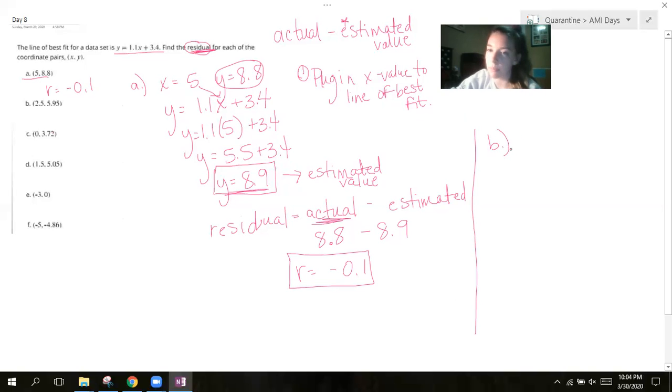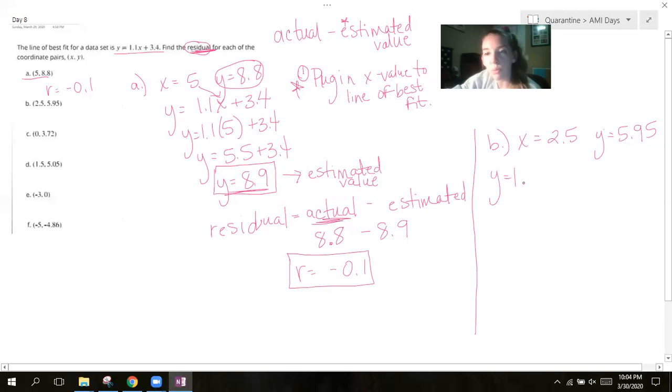So let's do B. We are given that x equals 2.5 and y equals 5.95. Okay, so again, the first step is to plug in your x value to the line of best fit. So we have y equals 1.1x plus 3.4.